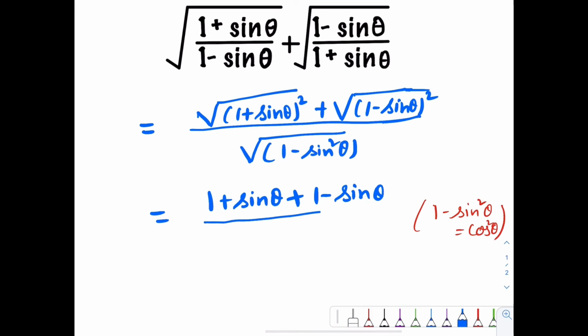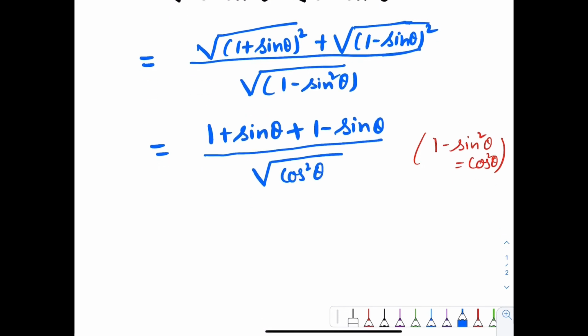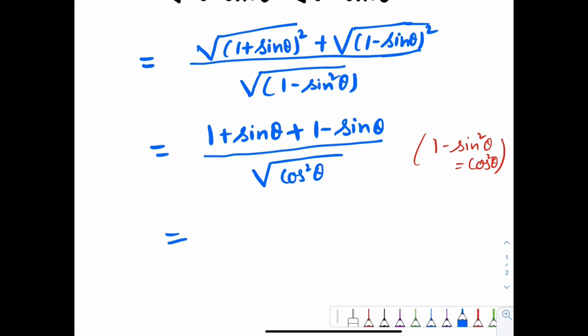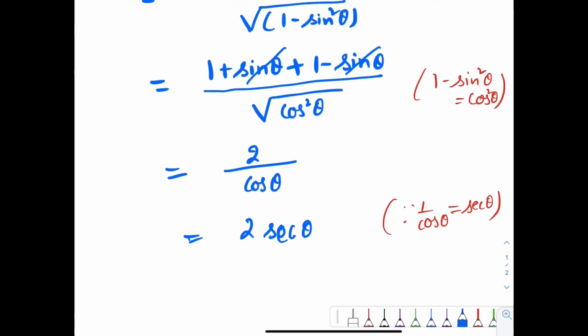So in the denominator we have under the root cos square theta, and the sine theta cancels, then we have 2 upon under the root cos square theta, equal to 2 upon cos theta, and this is equal to 2 sec theta, since 1 by cos theta equals sec theta. So this is our answer.